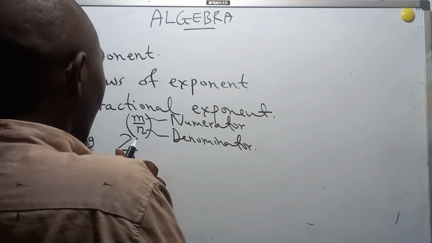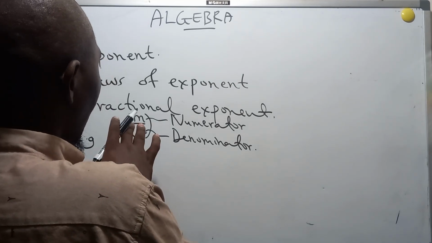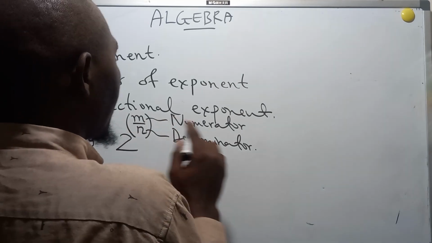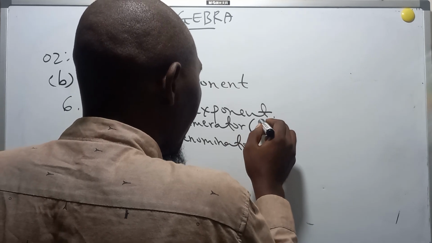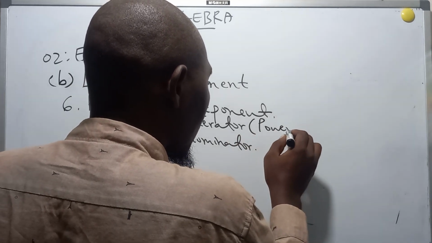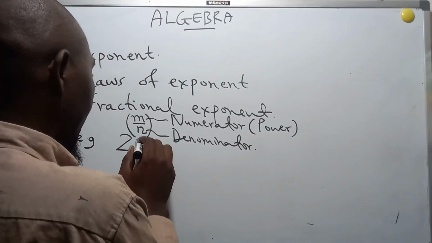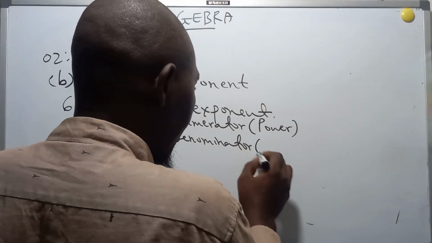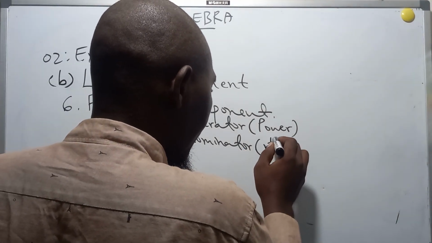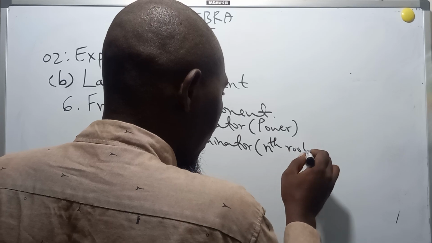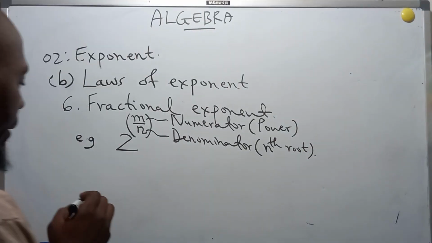And in fractional exponent, m is a power of the given number, and n is the nth root of the given number.